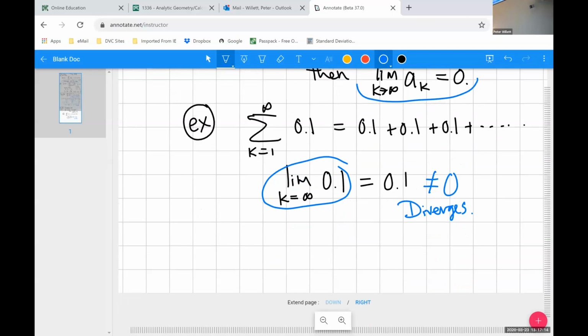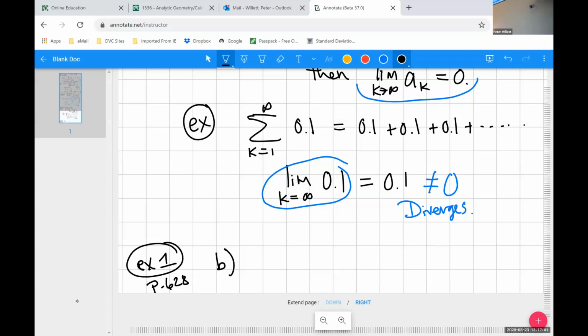So let's see an example perhaps that they give us. Maybe we'll look at example 1 on page 628. Let's take a look at part B, for example.